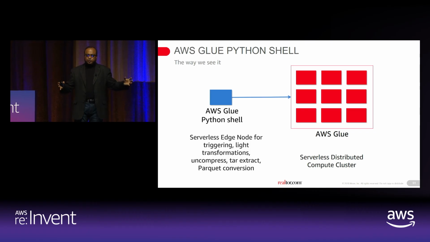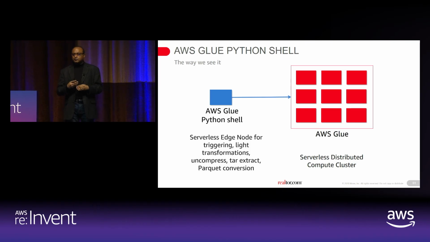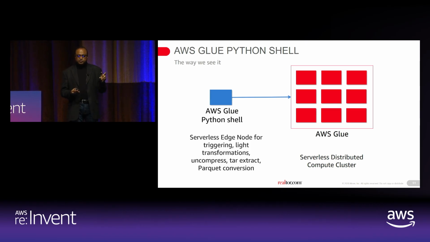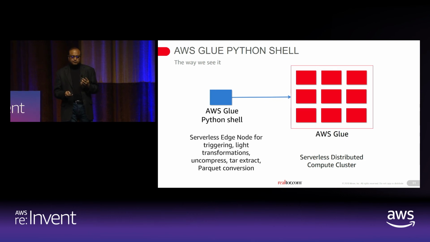Just like what we used to have, a cluster and then an edge node from which you triggered jobs, where you did some light transformation, unzipping of files, tar extractions, and small data sets being converted to a different data format like Parquet. So we see Glue Python shell fitting that particular mold, where we consider it an edge node to a bigger Glue cluster. That's how we think of it.